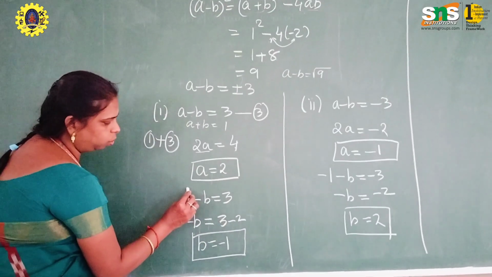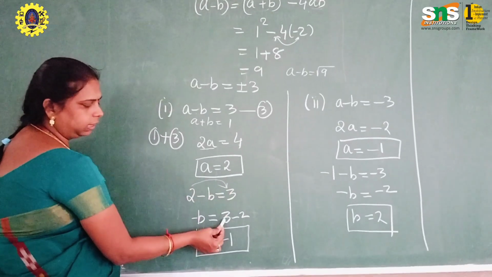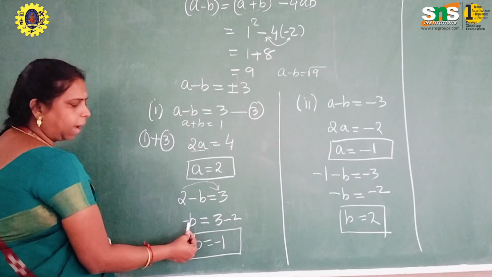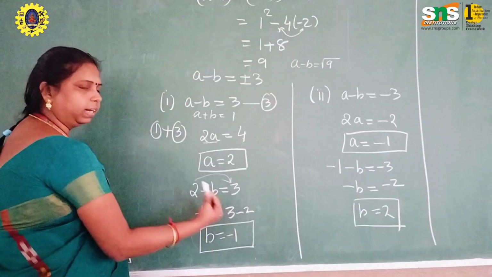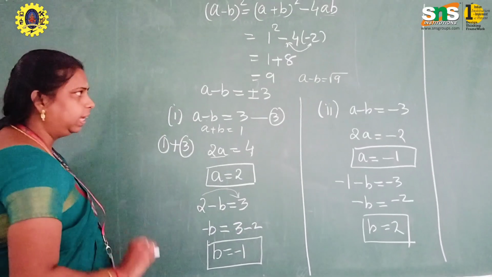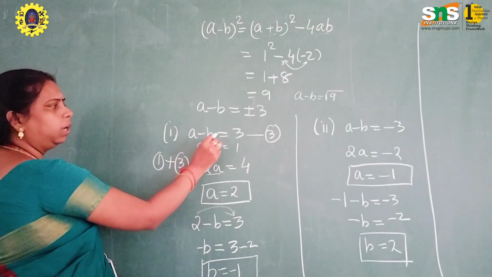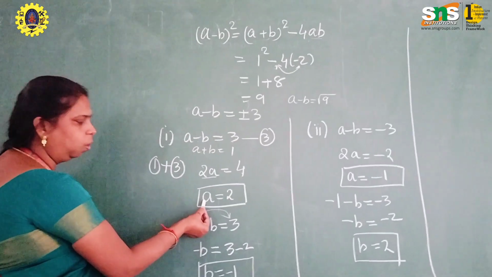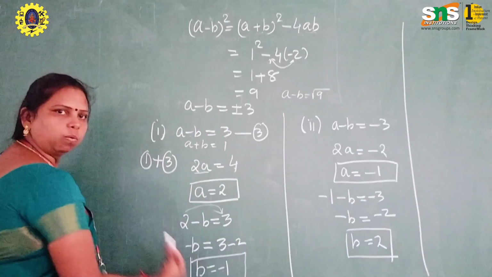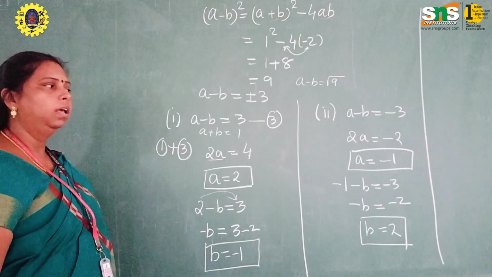Minus B equal to 3 minus 2, which is 1, so I get B as minus 1. So in the case A minus B equal to 3, I get A equal to 2 and B equal to minus 1. This is case 1.